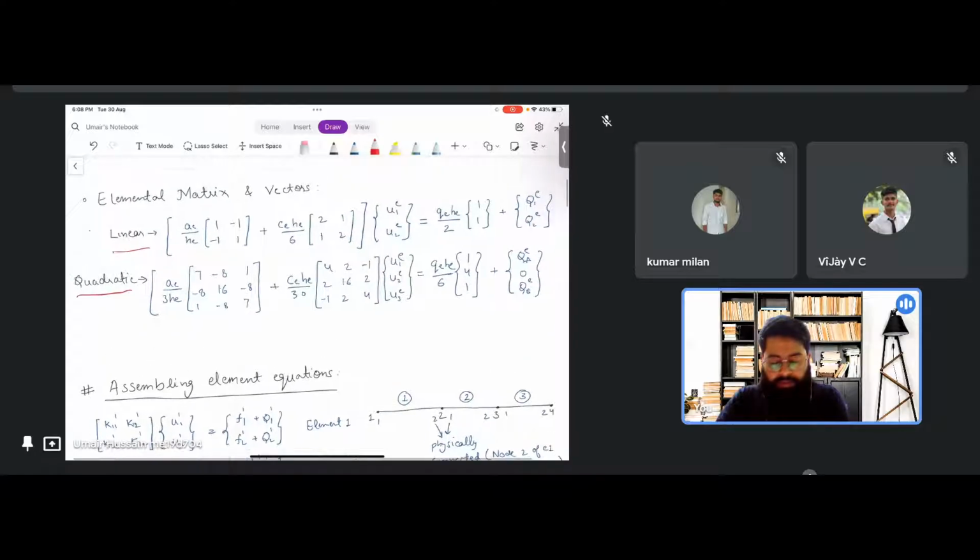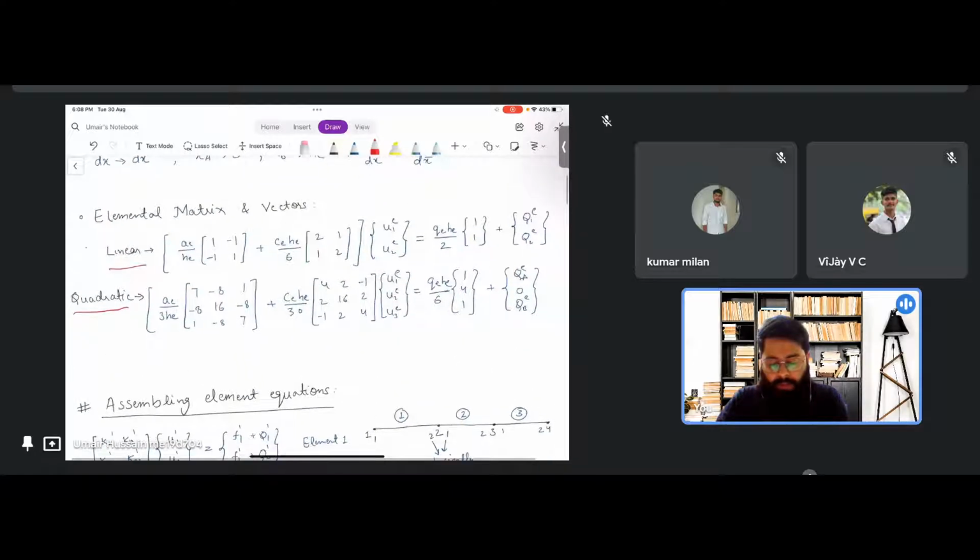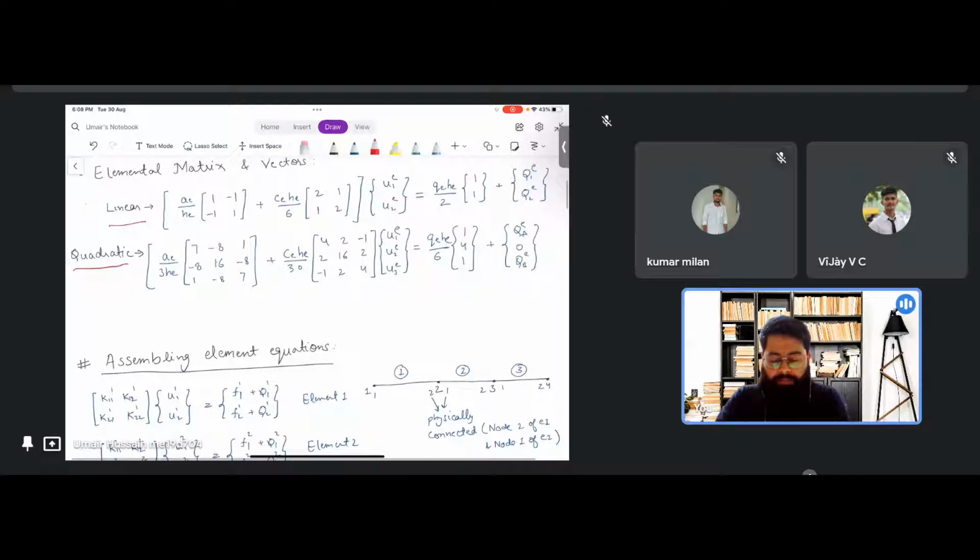So this was just one trial shown in the class. Depending on the type of problem, we can have any type of matrix and vector, but this general structure would remain the same. That is the reason we take the elemental coordinate system, so every time for every element, we'll get the same values.